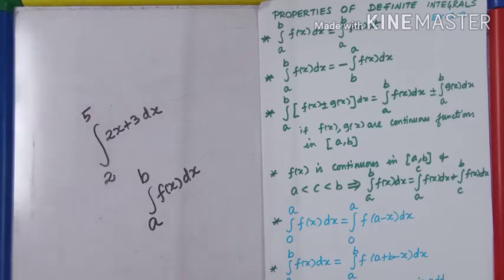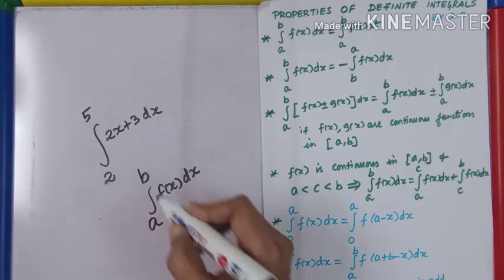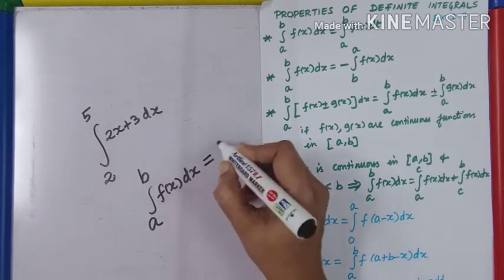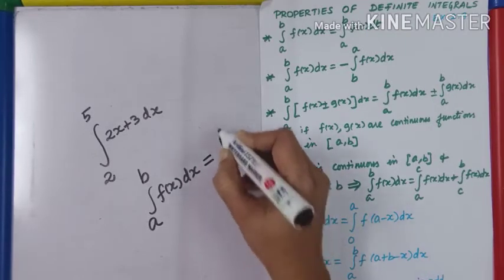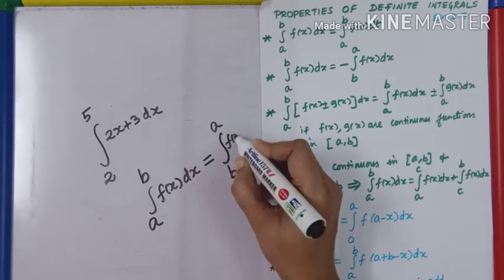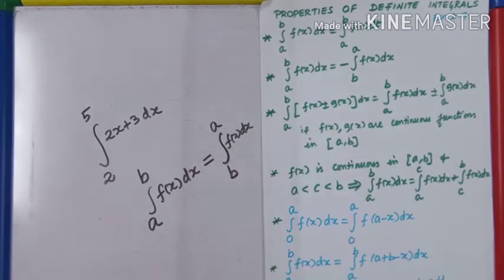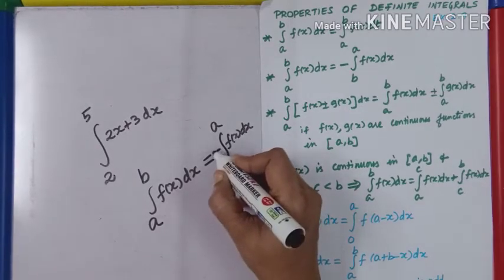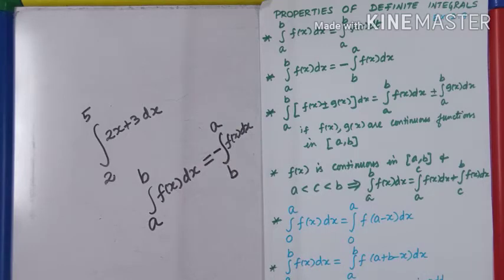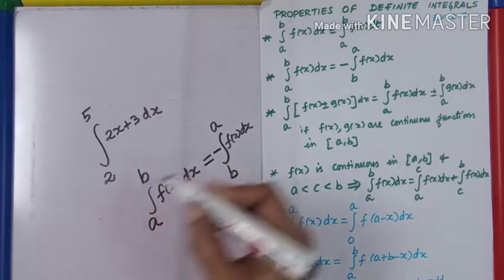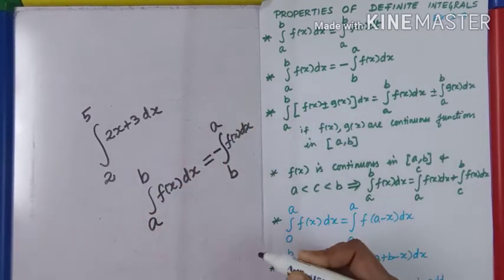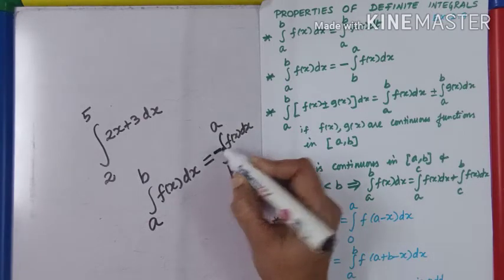In the evening, you return the same way, but the direction changes. So, a to b f of x dx, supposing I change it from b to a, the distance covered from school to home or home to school does not change. What changes is the direction. Morning you go forward, evening you come backwards. So, what alone changes? The symbol.